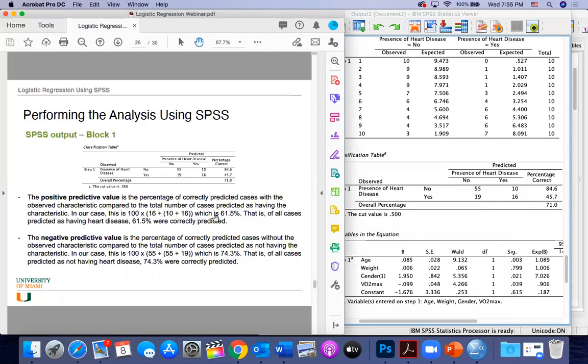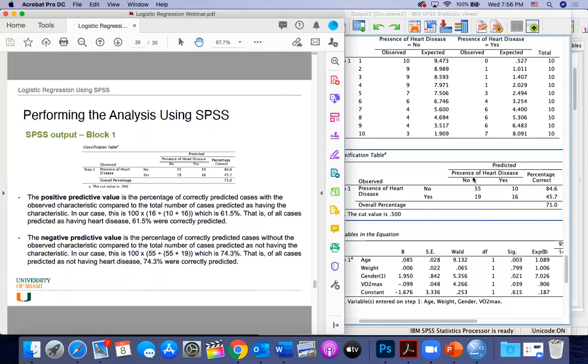So it is 61.5, and that is interpreted as of all cases predicted as having heart disease, only 61.5% were correctly predicted.